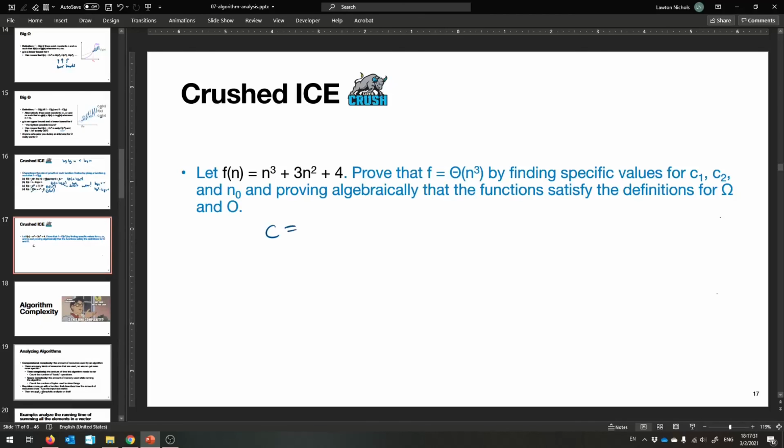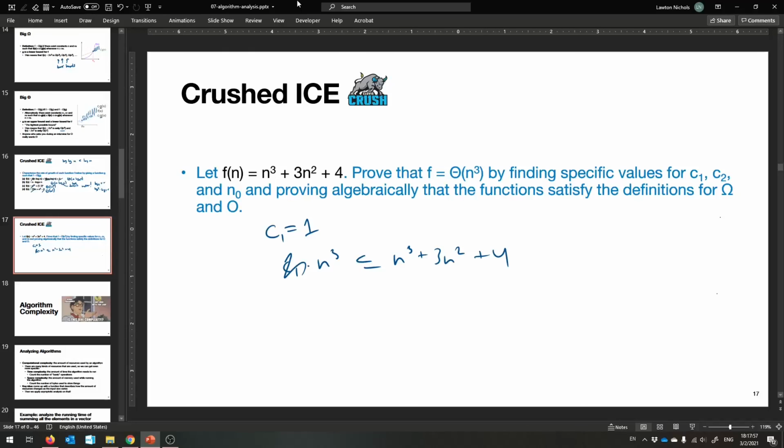We need to find a C, like a C1, such that C1 times n cubed, because that's what we want, is less than or equal to n cubed plus 3n squared plus 4, as n is greater than some n naught that we'll find later. And the idea is we could just pick 1 here, because when we pick 1, this goes away, right?